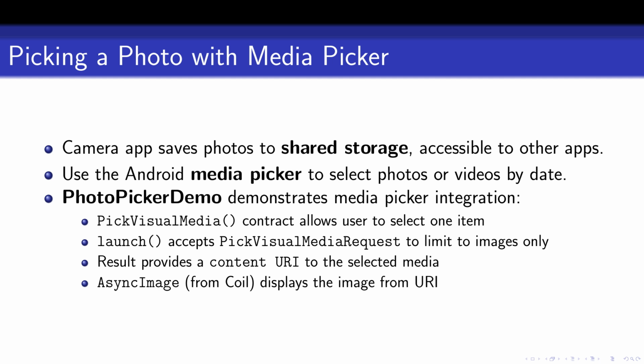When the user selects a photo, the picker returns a content URI, a secure reference to the chosen file. You can display this photo in your Compose UI using Coil's AsyncImage composable, which handles image loading, caching, and rendering with minimal configuration. This method is preferred over manual bitmap decoding and scaling, as it handles lifecycle awareness and performance optimizations out of the box.